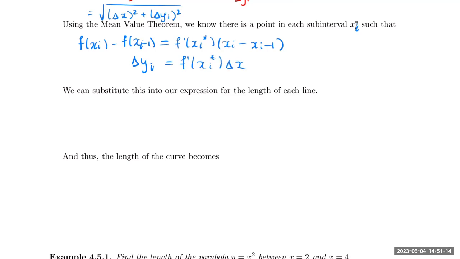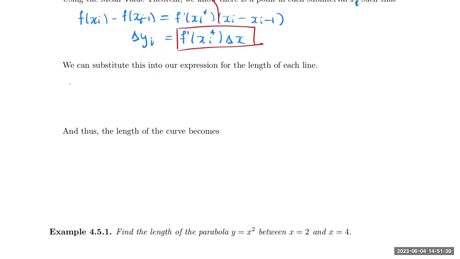So note that here, delta y_i, if we put f prime of x_i star times delta x back into the length formula. So what we're going to do is take this and put it back into here. That's what we're going to do next.